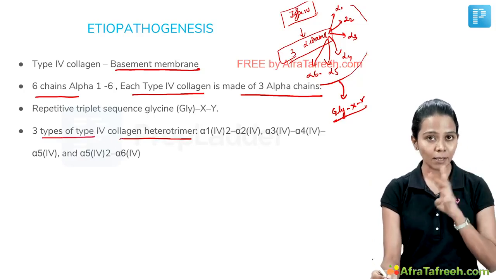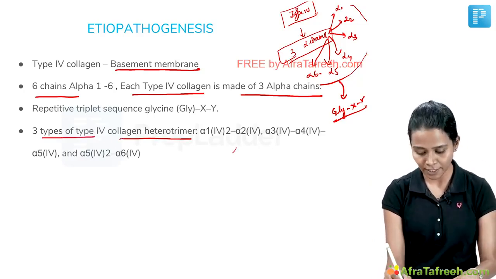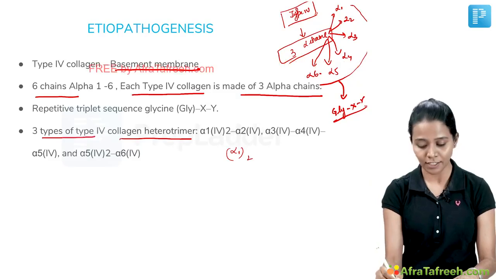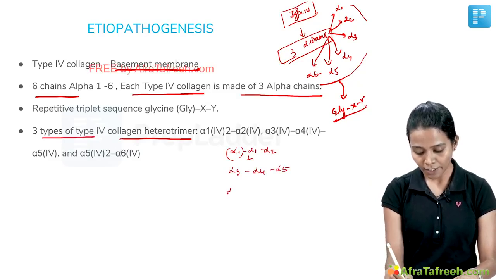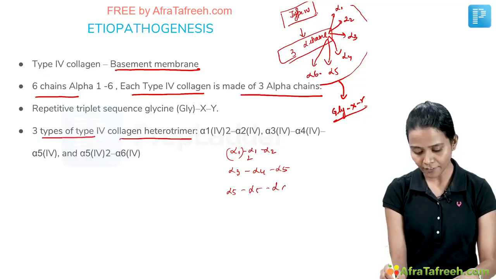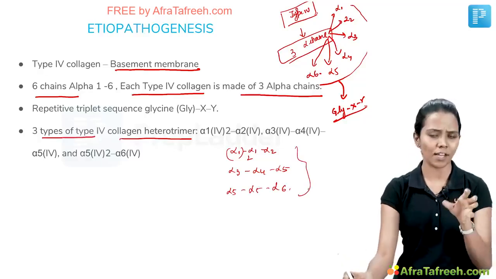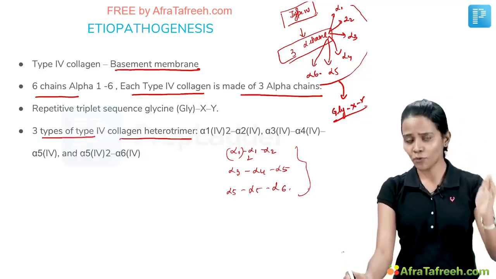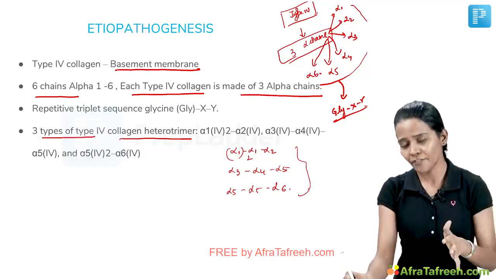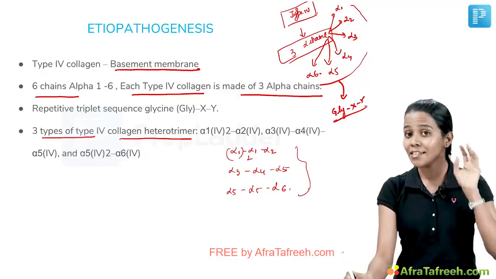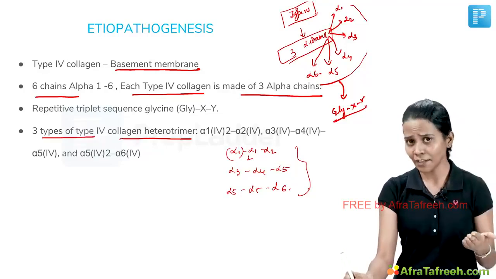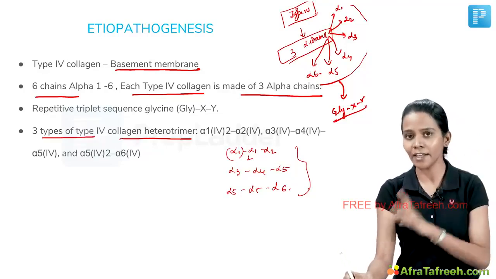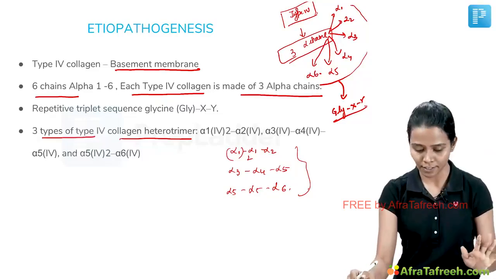Either it can be alpha 1 and alpha 2, or it can be alpha 3, alpha 4, alpha 5, or it can be alpha 5 and alpha 6. This is not very important to remember. You just have to know that type 4 collagen is formed of 3 alpha chains, there are 6 types of alpha chain, and each alpha chain is formed by glycine X, Y triple amino acid repeat sequences, right?